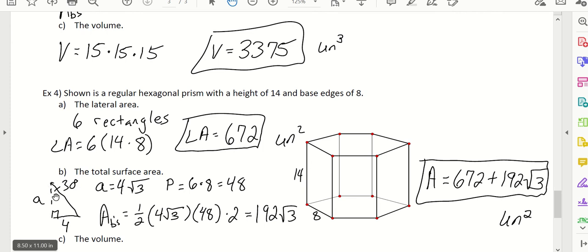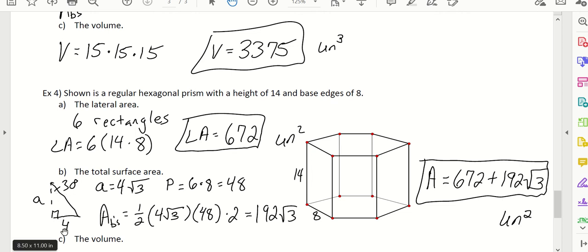So we draw in the apothem here, which is the height of this triangle, A for apothem. The central angle of a hexagon, 360 divided by 6 central angles, we get 60 degrees at our central angle. Now, when you draw in the apothem of the hexagon, it's going to bisect that. So we have 30 degrees here.